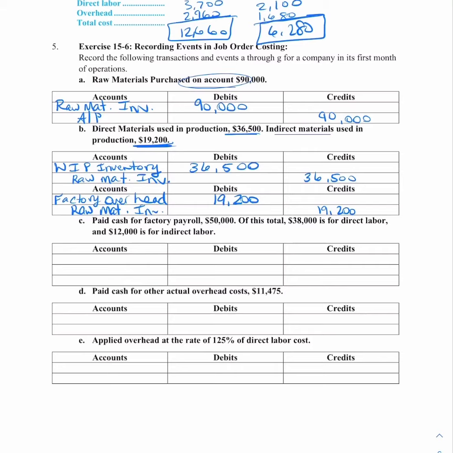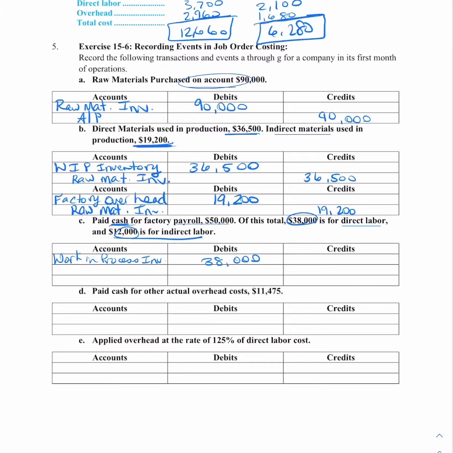Now letter C, they tell us that we paid cash, so we're going to see cash in this journal entry for factory payroll for $50,000. Of this, $38,000 is for direct labor and $12,000 is for indirect labor. So the portion that is for direct labor is going to go to work in process inventory, $38,000.